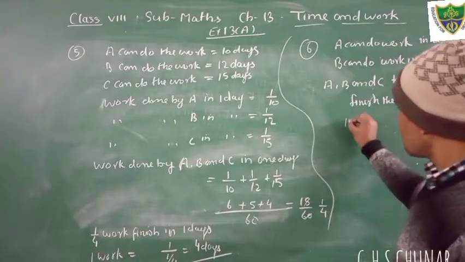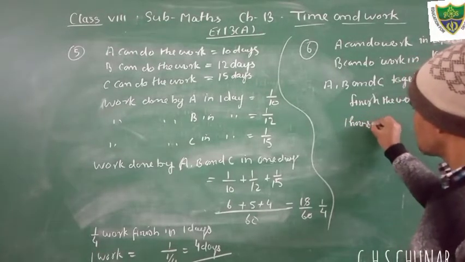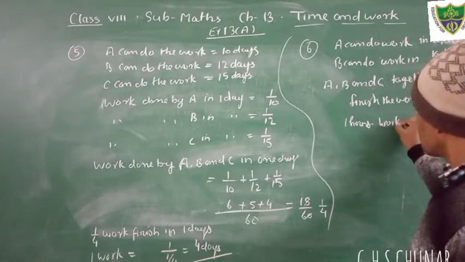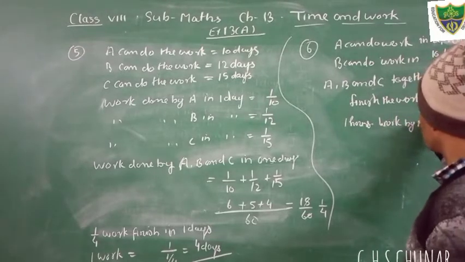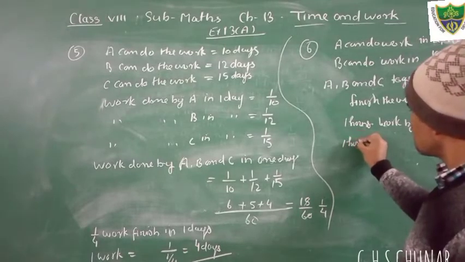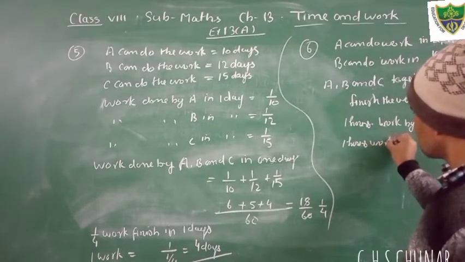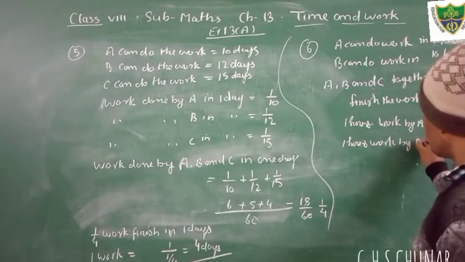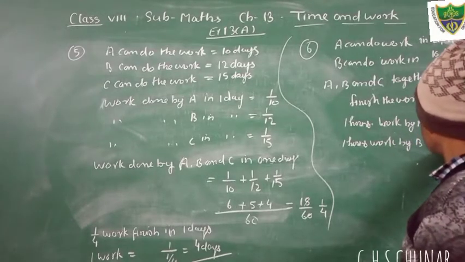Now 1 hour's work by A, that is 1 upon 24. 1 hour's work by B, that is 1 upon 16.